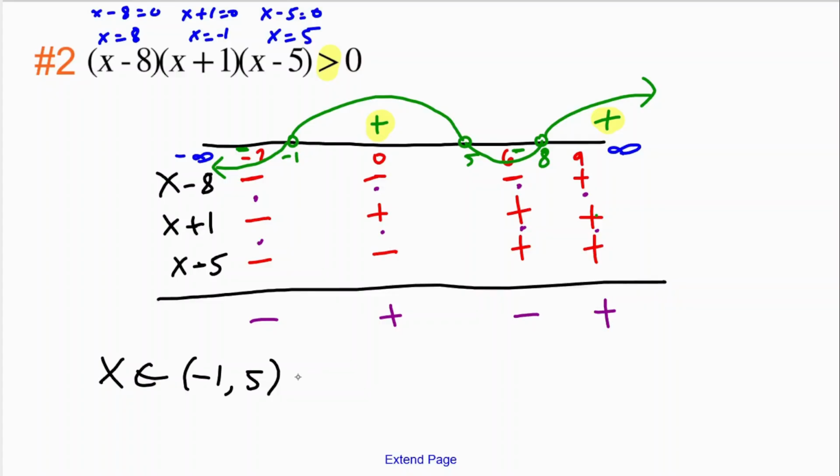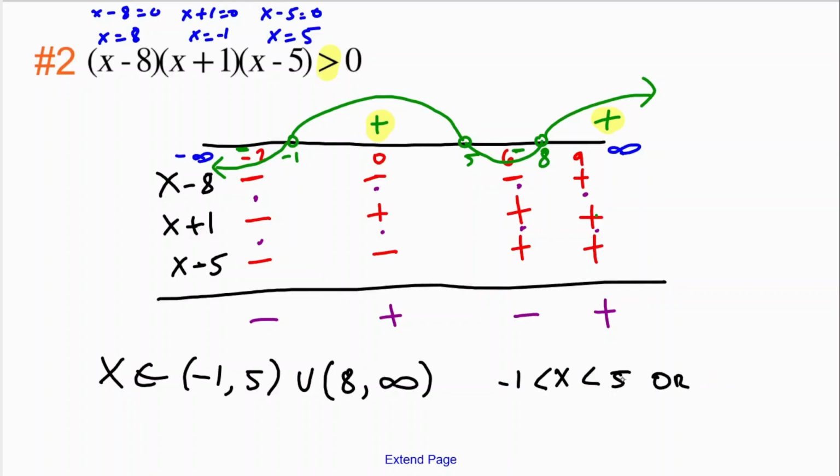And then here we're going to use union, right? Union's like our or. So it's saying then from 8 to infinity. Okay, so this is how we do interval notation. If you want to do inequality notation, it would just be x is greater than negative 1 and less than 5.